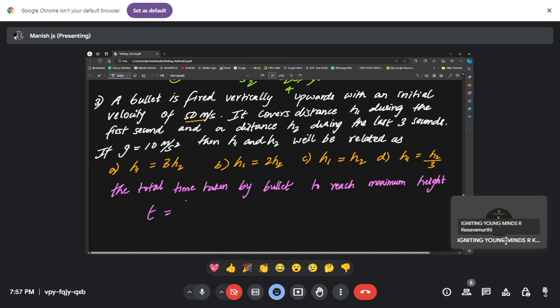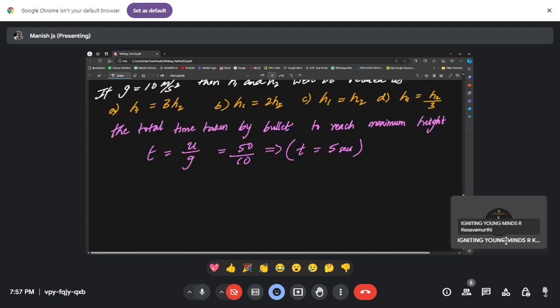So t is equal to u upon g because it's traveling upwards. So acceleration due to gravity will come into picture. So we can write this as 50, because initial velocity was given as 50, acceleration due to gravity is 10. Simplifying, you will get t is equal to 5 seconds. So that's the value of t.